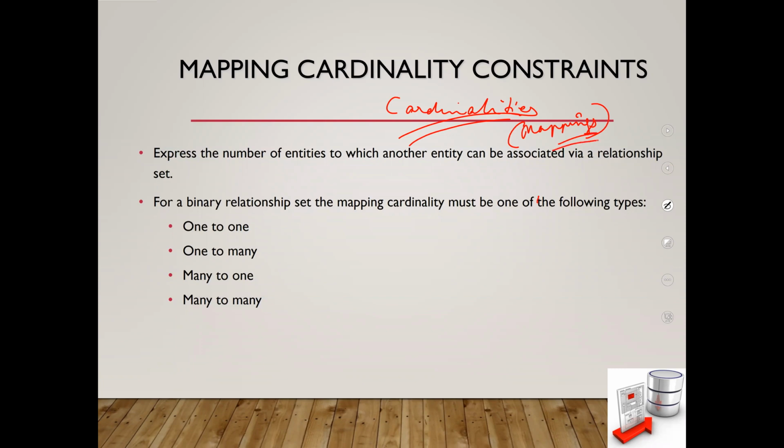Now, cardinalities means the number of entities to which you can associate an entity through a relationship.